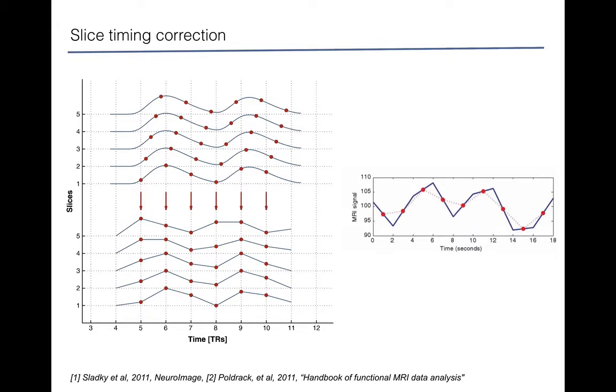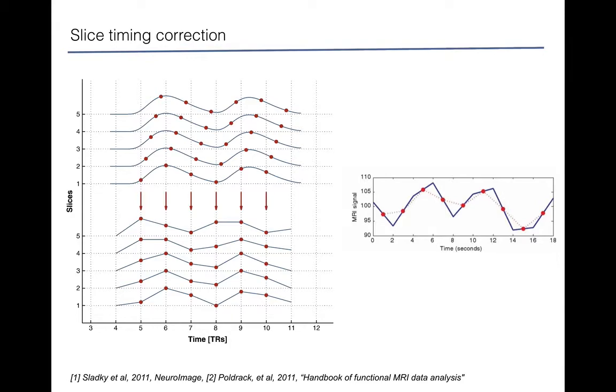But if there is a difference in the time of acquisition for these slices, if you look at these red dots, the time that we are acquiring slice 4 to 5, the amplitude of the signal is going to be different from one to another, even though they had the identical response function. So what we collect is actually in the bottom row.